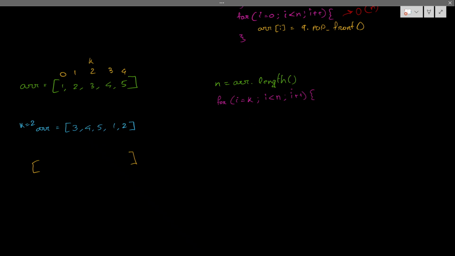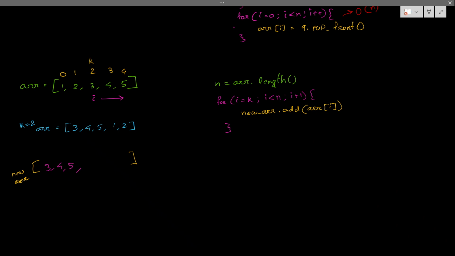I'm treating it as a vector or array list, so I can simply add to it. This is my new arr: new arr dot add, append, pushback, whatever it is, arr of i. So i starts from here and goes to the end, and up to this many elements are added to the new list. So it becomes 3, 4, 5.